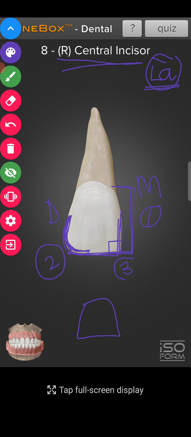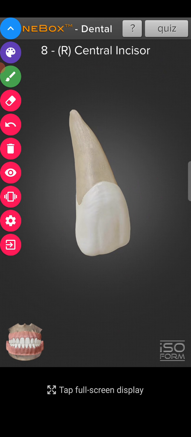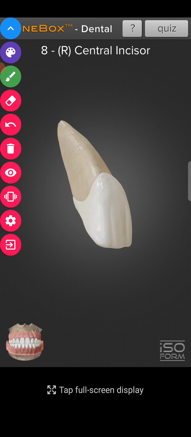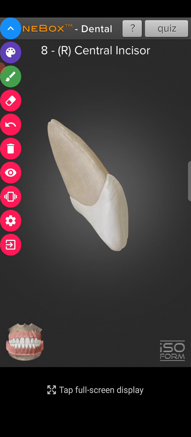Point number 3: the mesio-incisal angle is relatively sharper, whereas disto-incisally it is rounded. Next, if I observe the tooth from this side, it is somewhat convex. So point number 4: labially, I see my crown to be convex in nature.